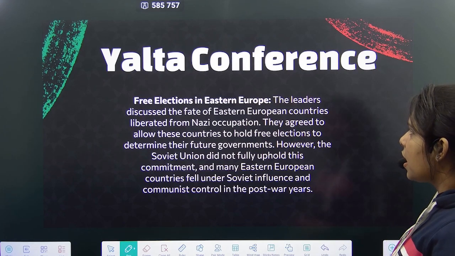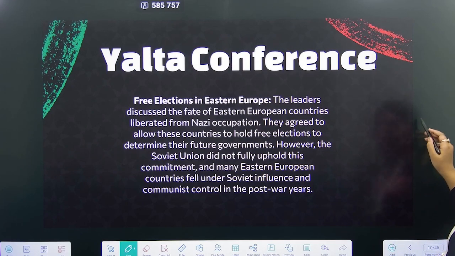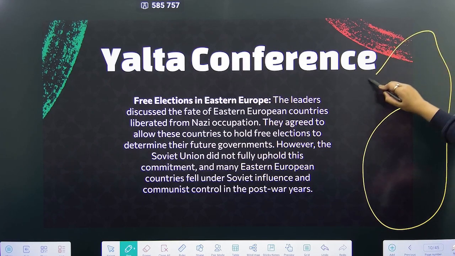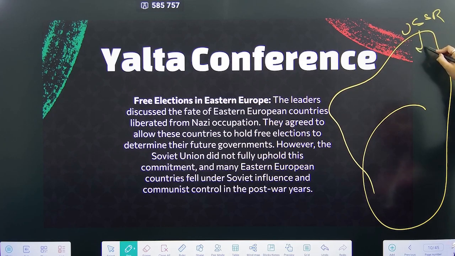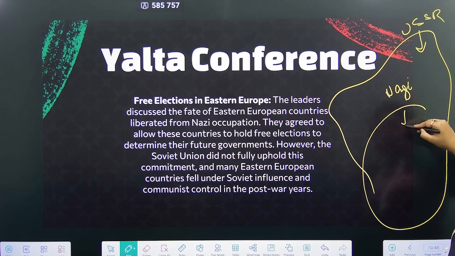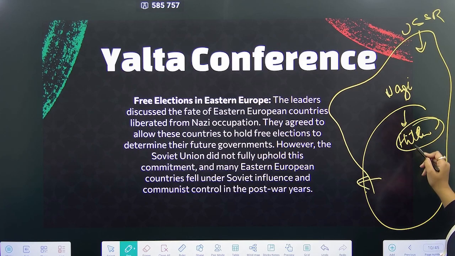Okay, the leaders discussed the fate of Eastern European countries. See, because what has happened is that all these Eastern European countries, which were now a part of the USSR, had been a part of the Nazi regime under Hitler. So when they were freed from the Nazi regime, they needed a free election over here.